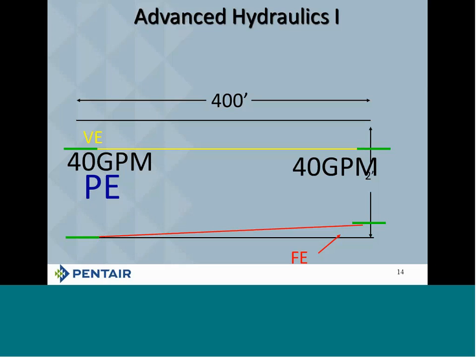So what this is helping us to understand is that friction energy, being a form of energy, has to convert from something else. Since it can't convert from velocity because velocity has to remain constant, the only other place for that friction energy to come from is the pressure energy.